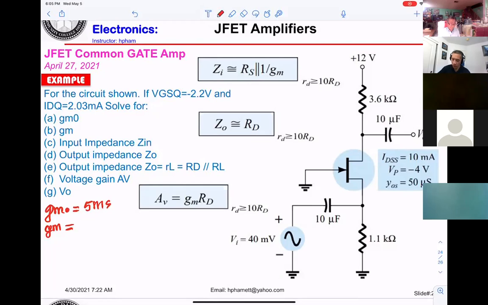Go ahead. On the right side, you got Vpinch-off equal to -4, so that means VGS off is 4. And I realize in the formula for figuring out gm0 that it's the absolute value, but just for knowledge's sake, in this case, is VGS off +4? -4. Oh, -4. Okay, yeah, that's what I wanted. Right there. Okay, got it.